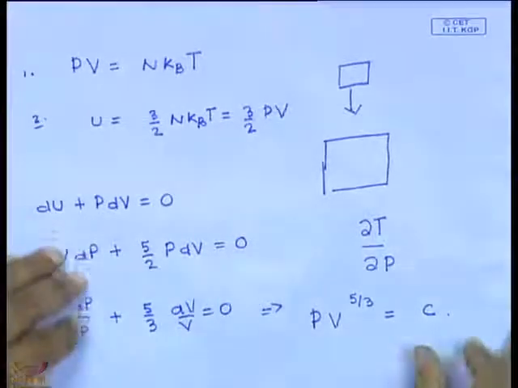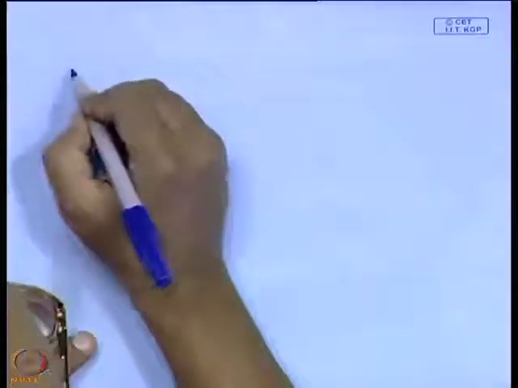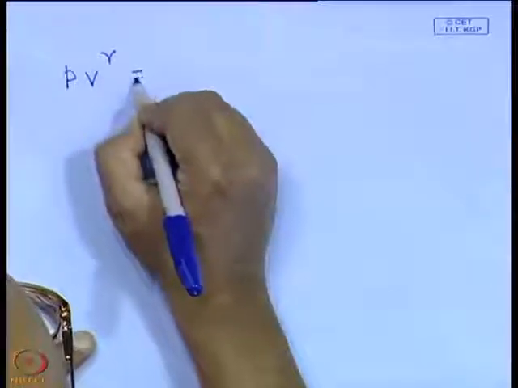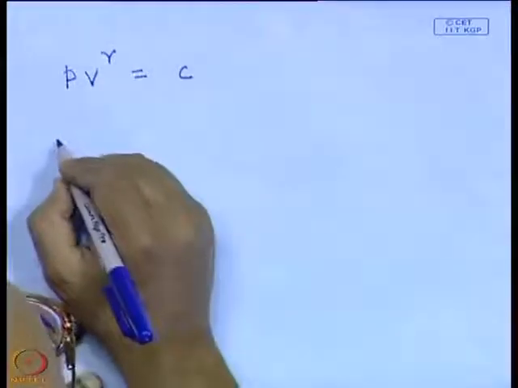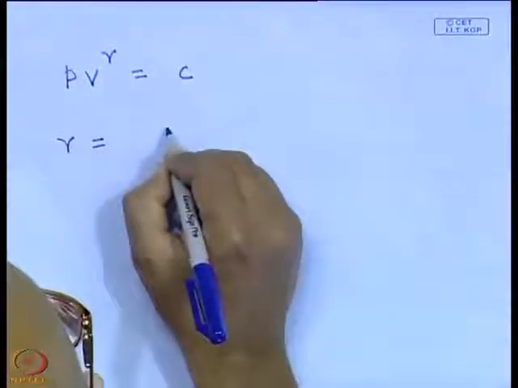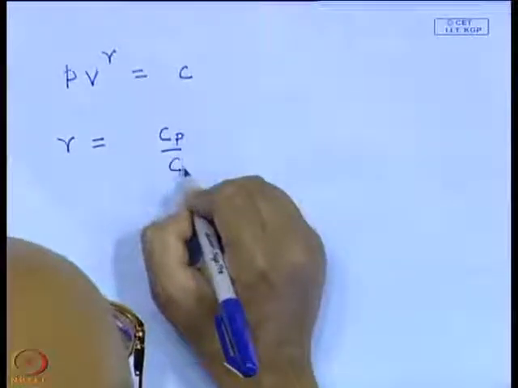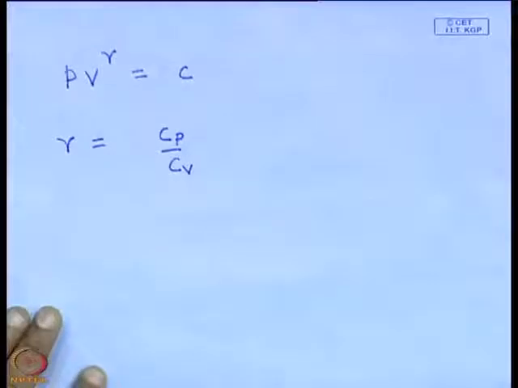Okay. In general, P V to the power gamma is a constant, where gamma is the ratio of the specific heat at constant pressure to the specific heat at constant volume.